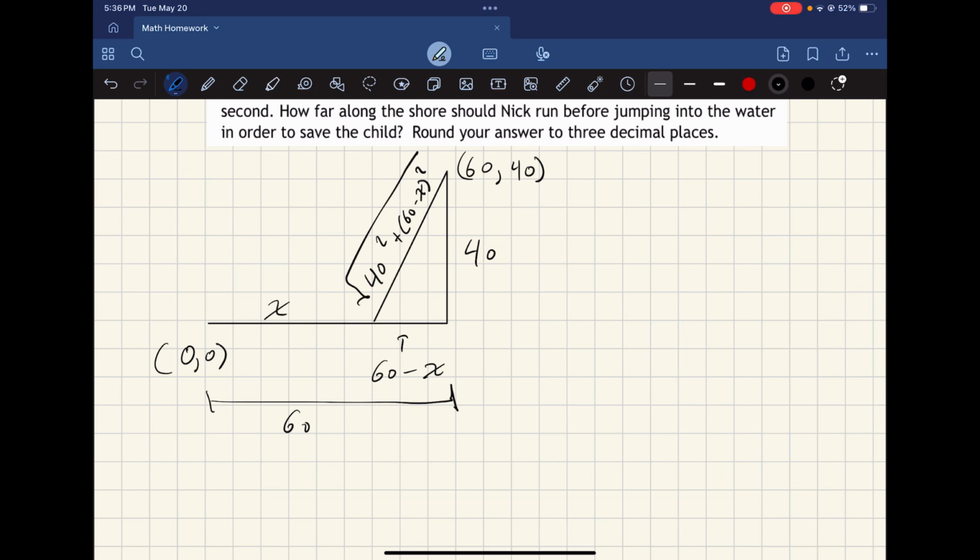And we'll need our formulas for the time and then the distance he's going to be running. So how long it's going to take is time, delta r, which is him running, and then delta s, which is him swimming.